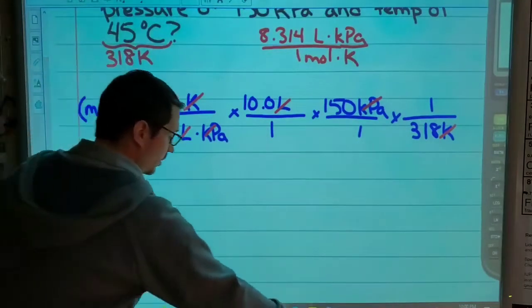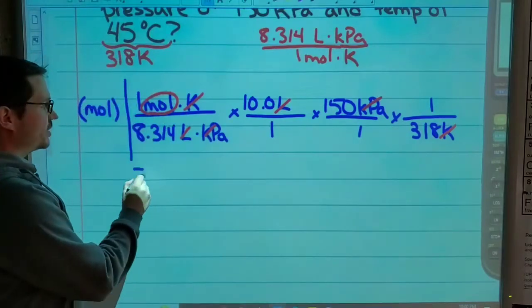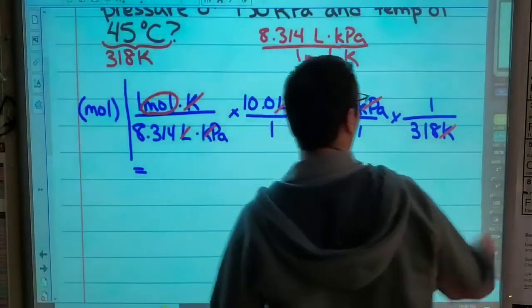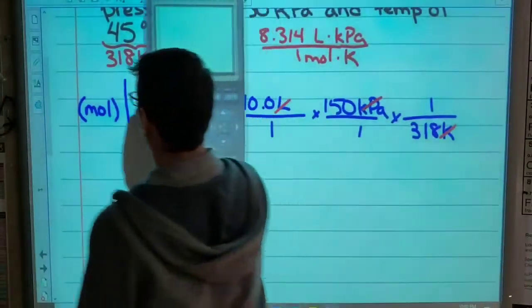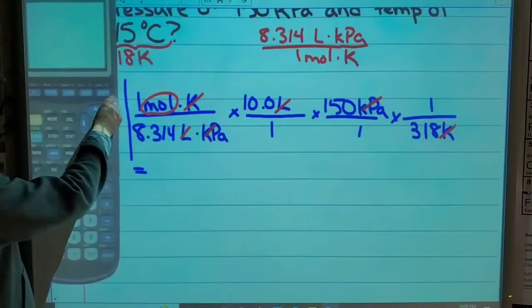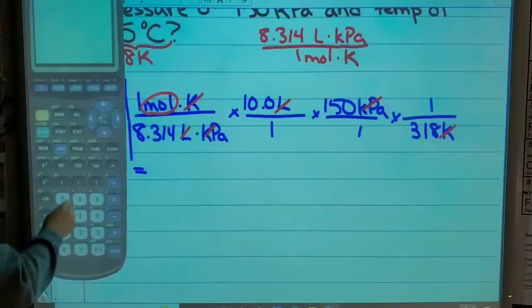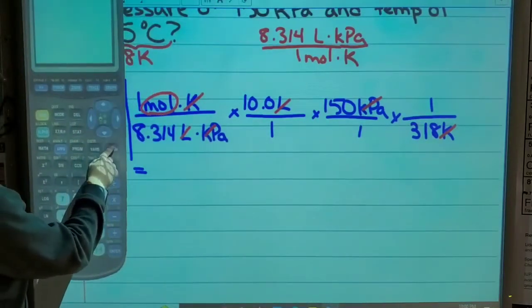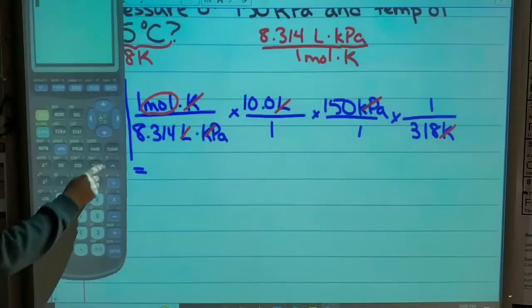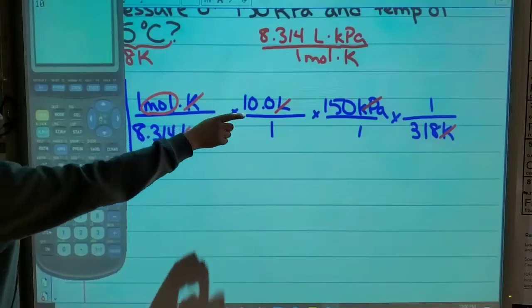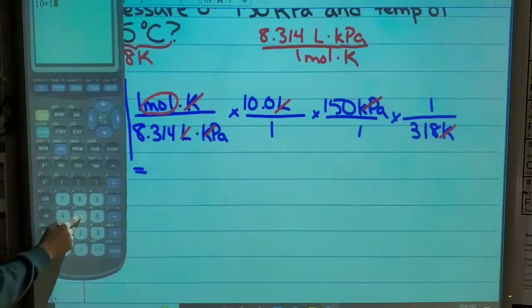So, when we're doing our calculation, this is the one that I did want to show you on the calculator. We're going to multiply all of the tops and divide by all the bottoms. That's the way I would do this. So I would go 10, that's the only number on top so far, times 150.